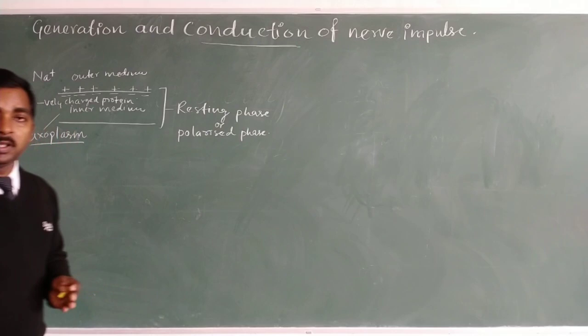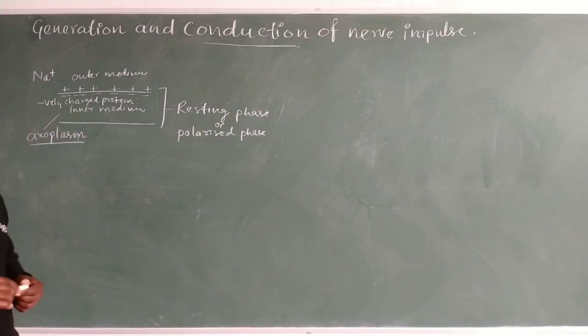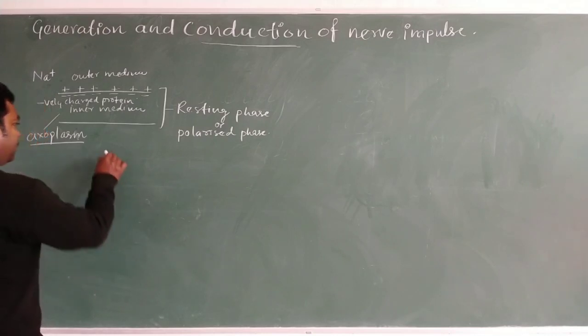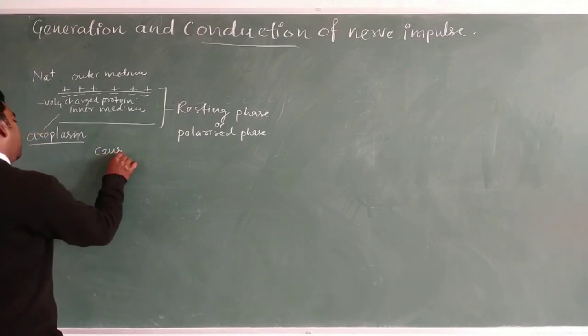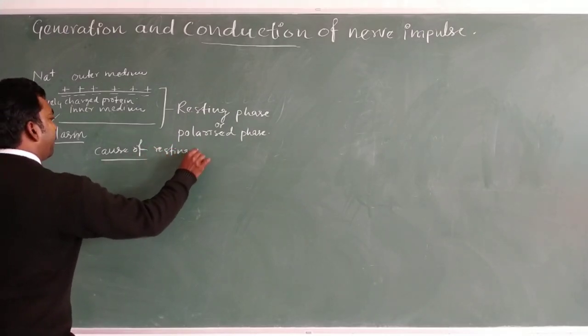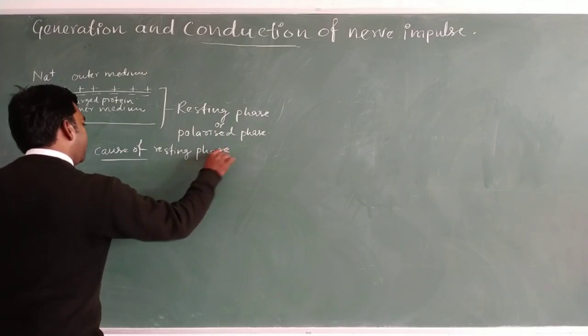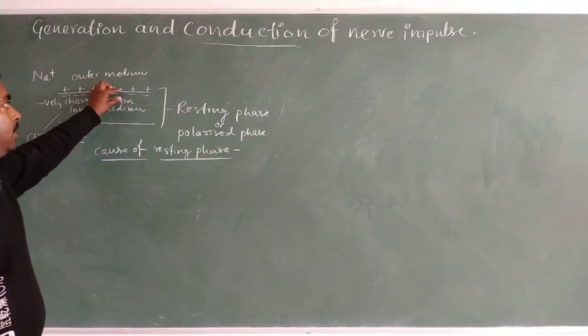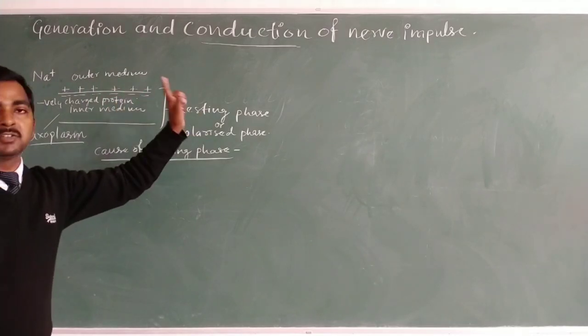There are reasons, or causes, of the ionic gradient across the plasma membrane in the resting phase.